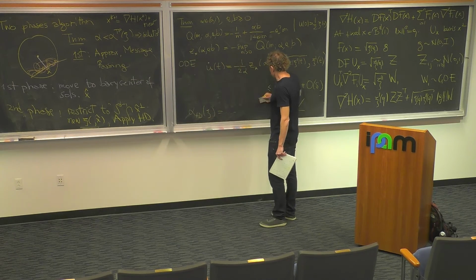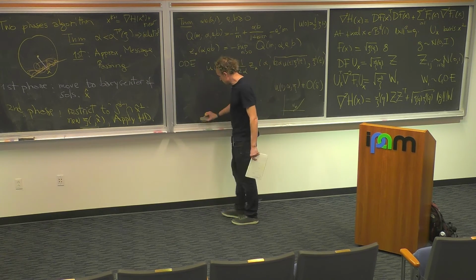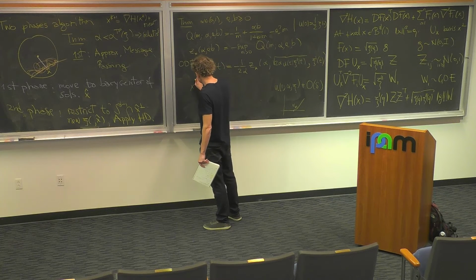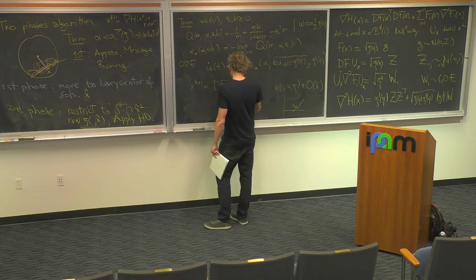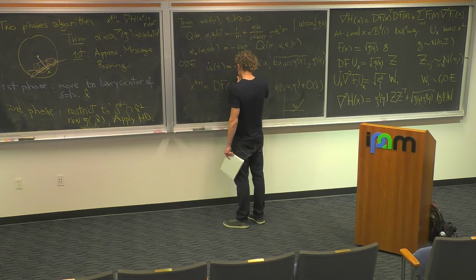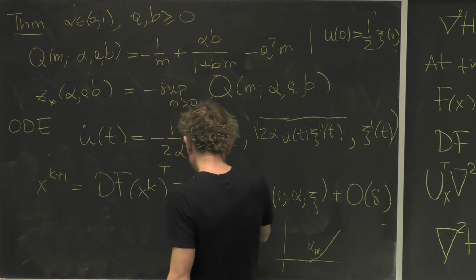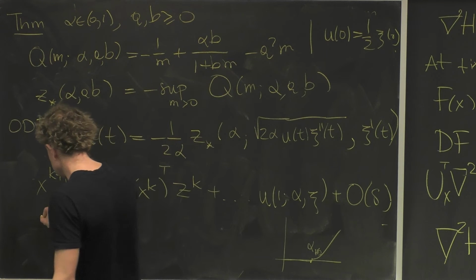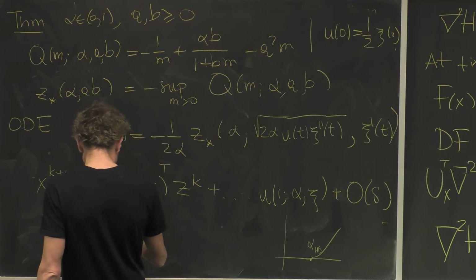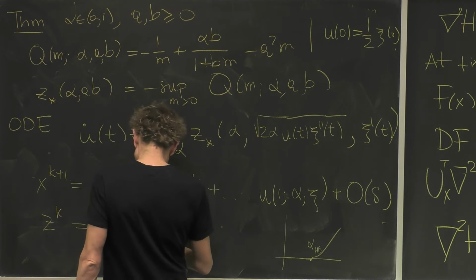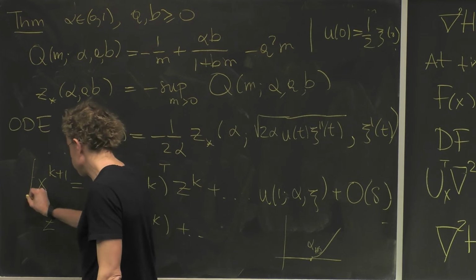Okay, the real way it works, I'll write it here. The iteration is x_{k+1} equals df(x_k) times z_k transpose plus some residual terms, and then z_k equals df(x_k) plus some residual term.